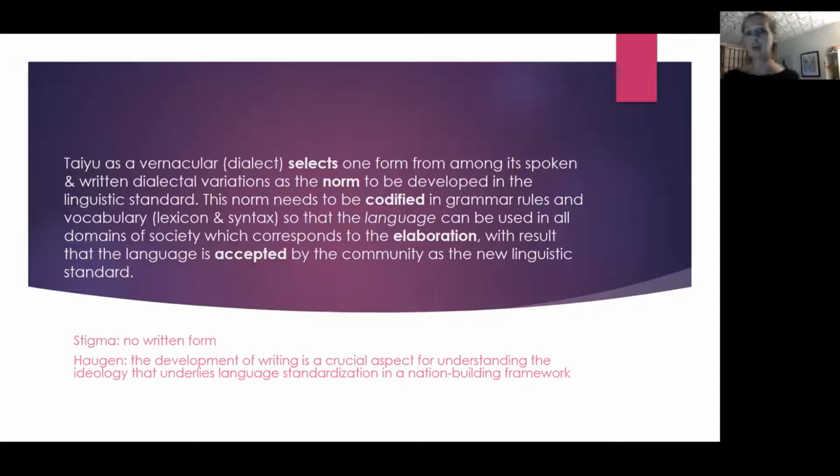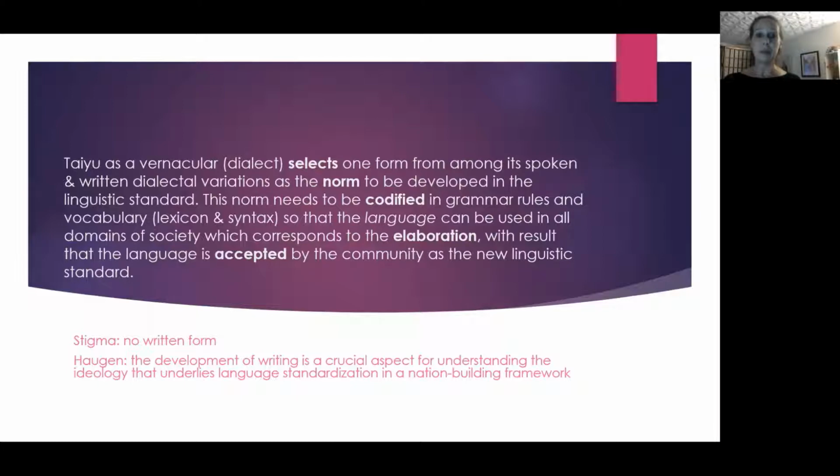We can actually all think back to our own languages here. First, we need to select one form from the written and the spoken dialectal variations, which is going to be the norm. And this norm will then be developed into the linguistic standard.